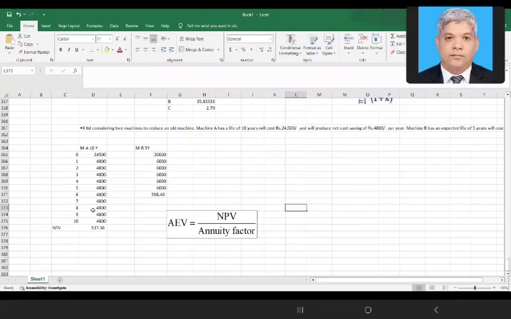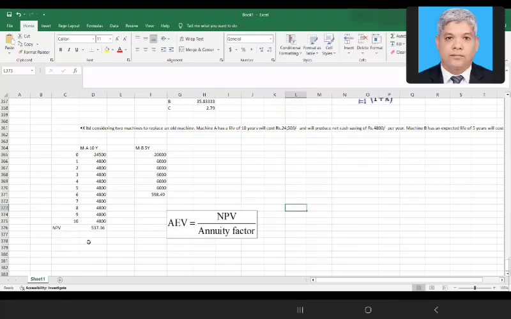So here, at 14 percent for 10 years, you have to get the annuity factor. Using the annuity formula, we can get the annuity value for 14 percent for 10 years, then divide and you can see the annual equivalent value. Similarly, find the 5 years annuity factor and divide the NPV. How can you calculate the annuity factor?